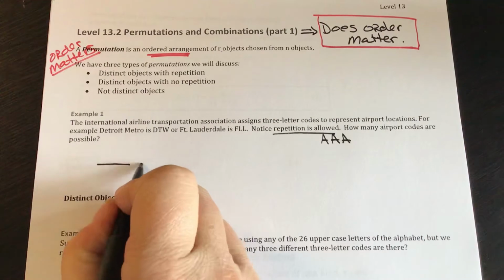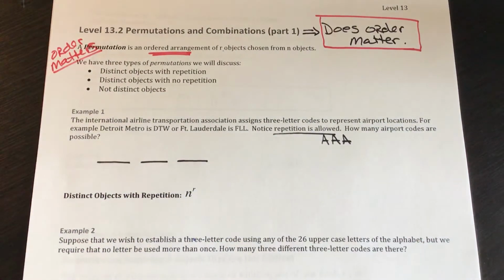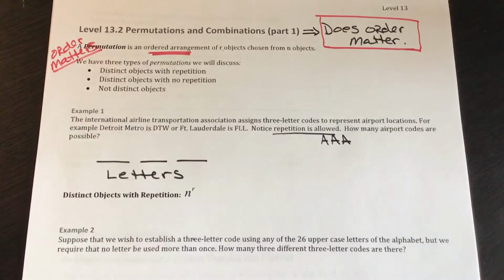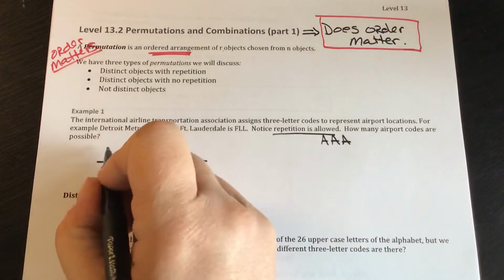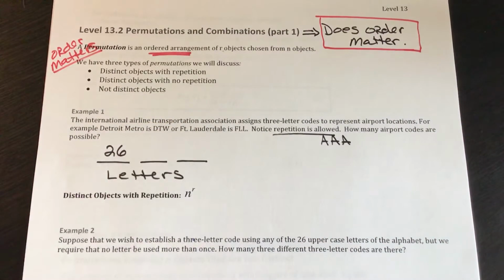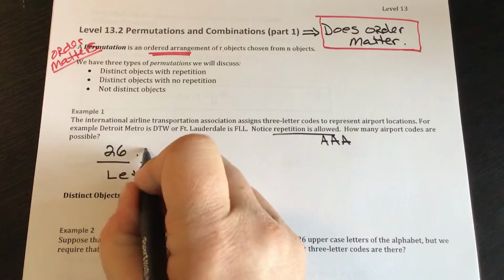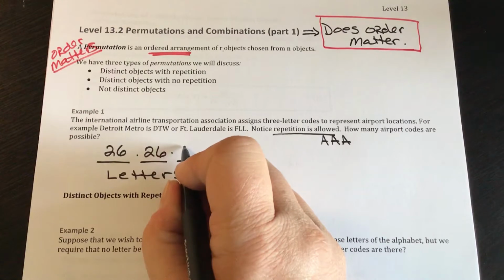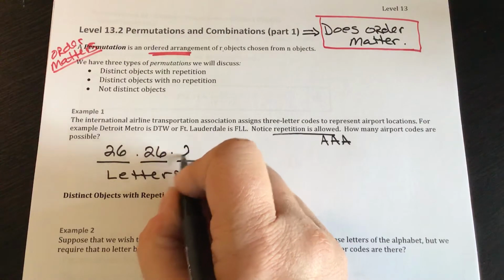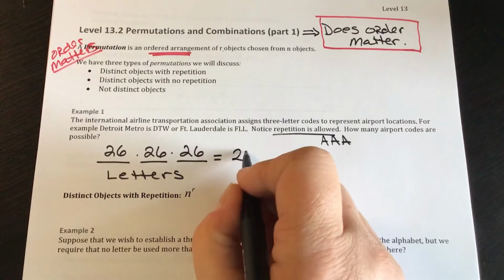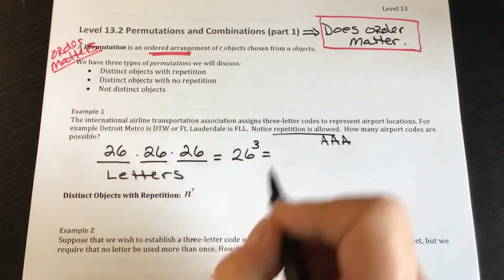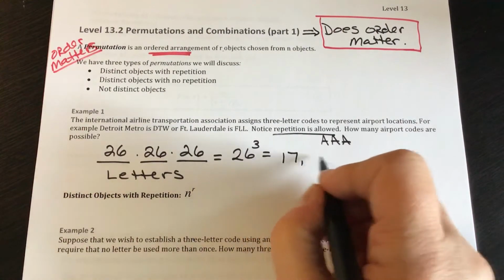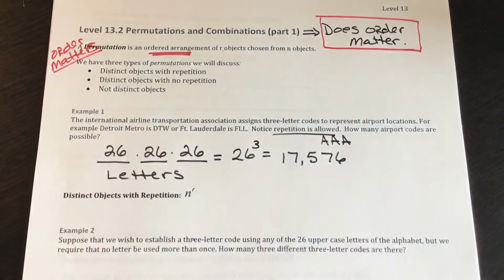So we have 3 spaces that we're going to put letters in, and these are all letters. And they can repeat. So I can choose any of the 26 letters in the alphabet to go first, and then I could use any of the 26 letters to go second or to go third. So this is the same thing as 26 to the 3rd power, which, on my calculator, is 17,576.